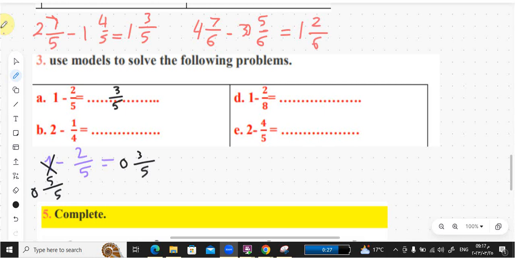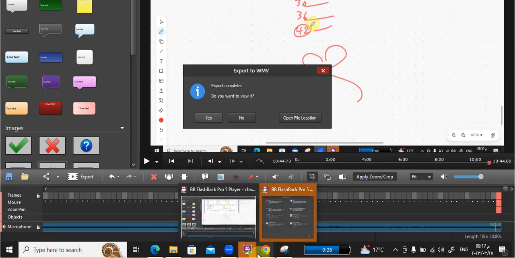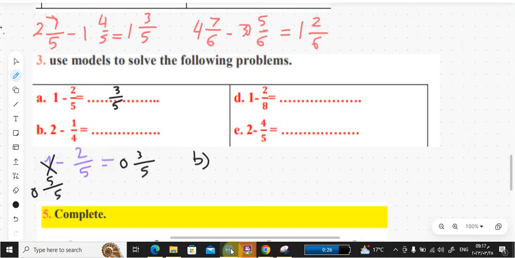Another question, letter B. 2 minus 1 over 4. I can't subtract a whole number minus a fraction. Okay, so I need to convert this whole number to a mixed number. How? Go back one step. What's before 2? 1.